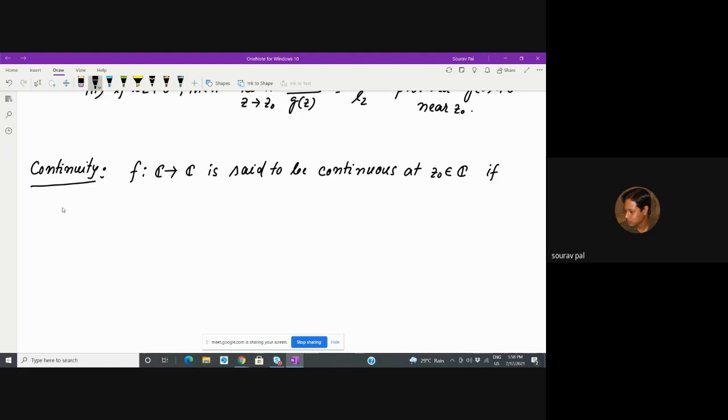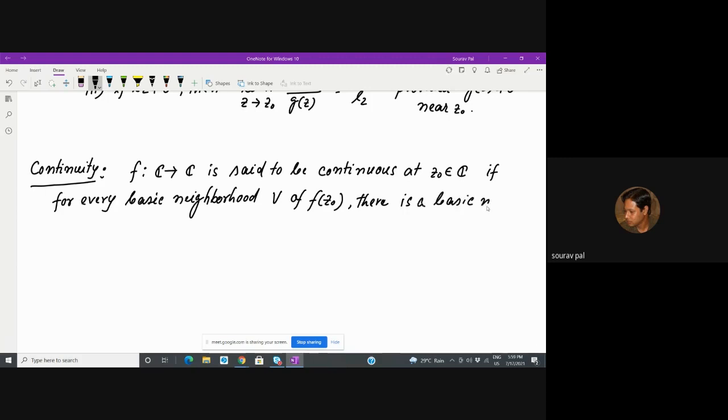If for every basic neighborhood V of f(z0), there is a basic neighborhood U of z0 such that f(U) is contained in V. We know this definition, right?